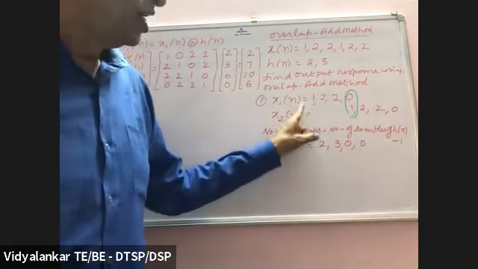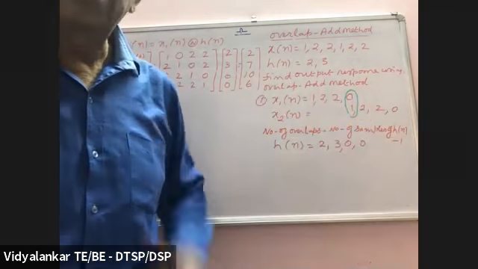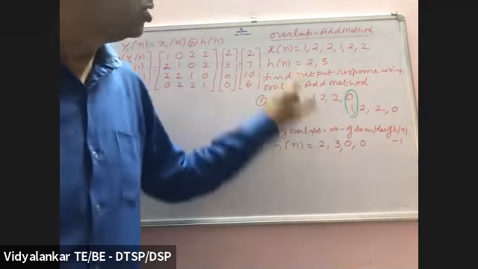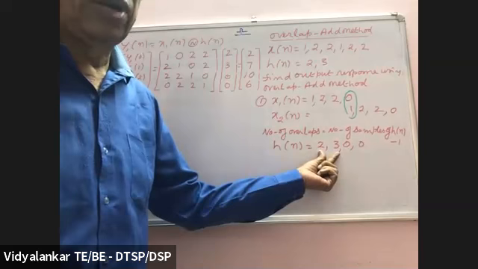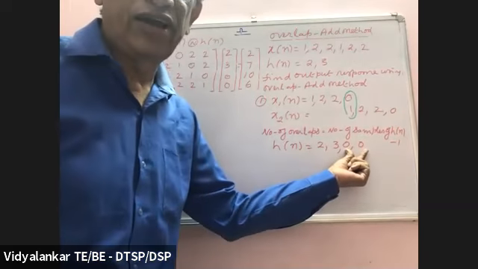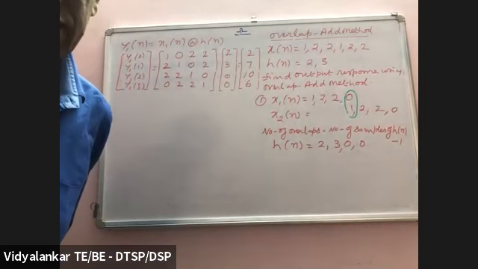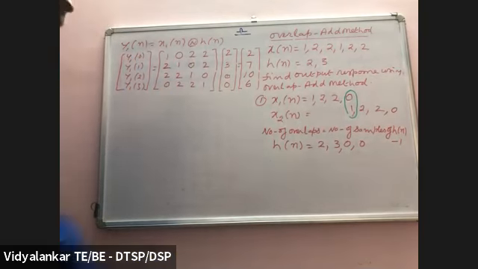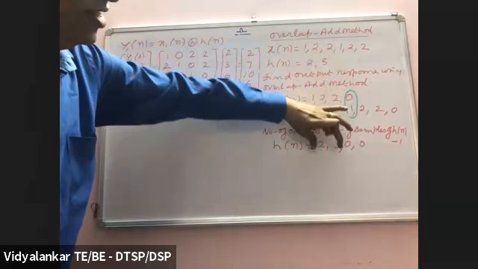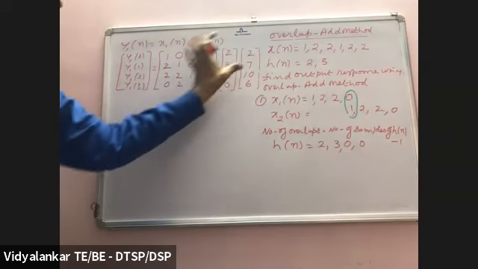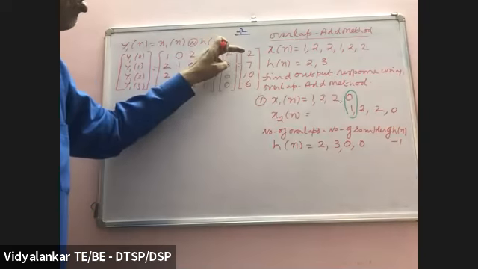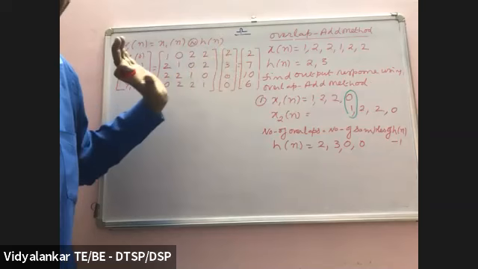If x1n and x2n have 4 values, h of n also should have 4 values. H of n has only 2 numbers, so the remaining 2 numbers we take as zeros. Then using this x1n and this h of n, by circular convolution we calculated the outputs 2, 7, 10 and 6.